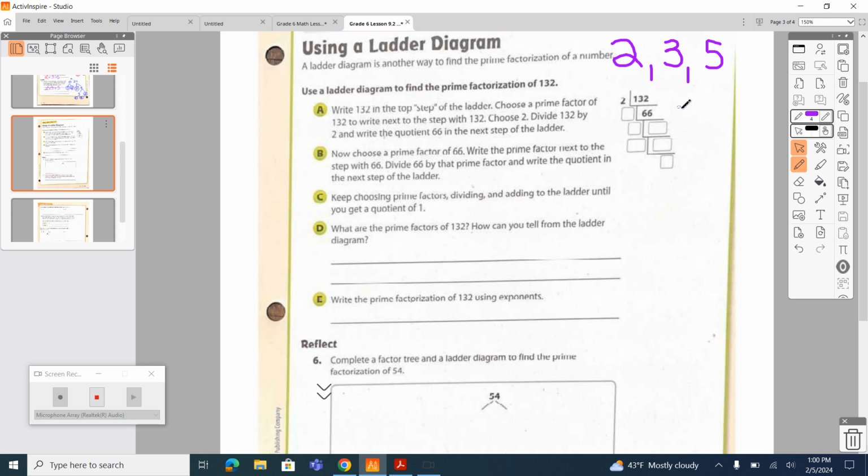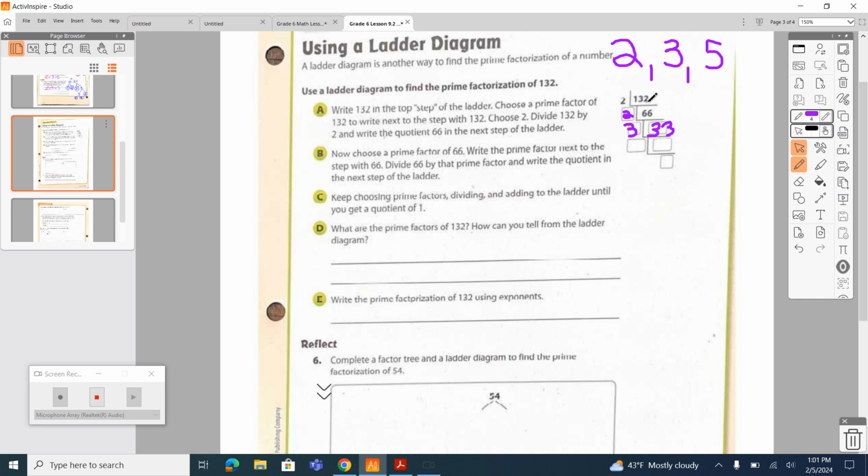So I'm going to treat this like I would tell you to simplify fractions. And since 66 is even, I'm going to divide by 2 again. And I am going to get 33. And from 33, I can divide out and get 3. So 132 divided by 2 is 66.